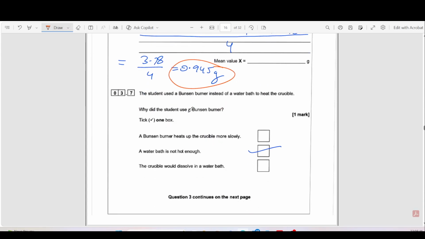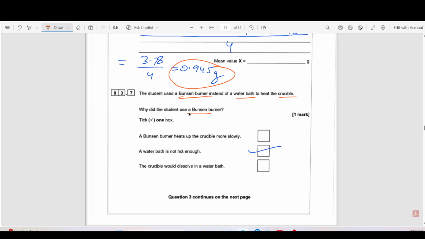the next question is this. The student used a Bunsen burner instead of a water bath to heat the crucible. So why did the student use a Bunsen burner? Because a water bath can only reach a maximum of 100 degrees Celsius, which is the boiling point of water, and magnesium needs a much higher temperature to overcome the activation energy which is required to react with oxygen in the air.